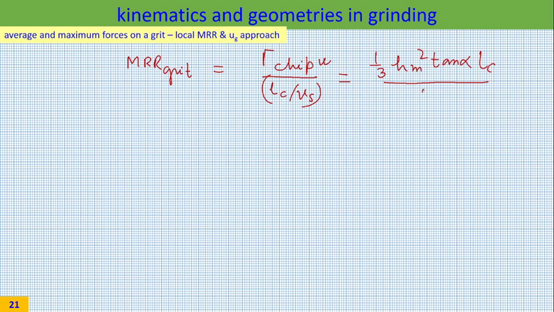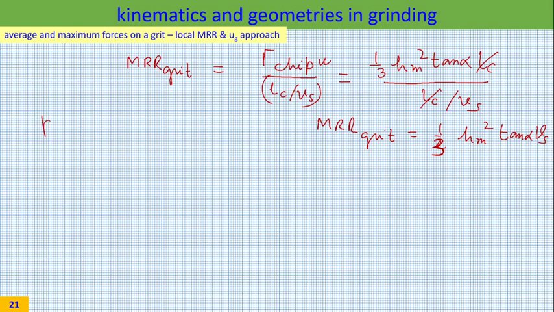That you divide by LC by Vs. So MRR at grit level is 1/3 HM square tan alpha, this LC cancels out, into Vs.